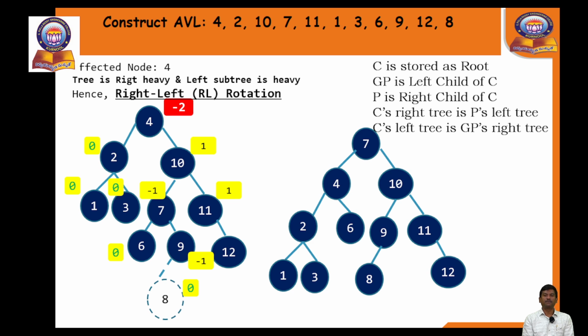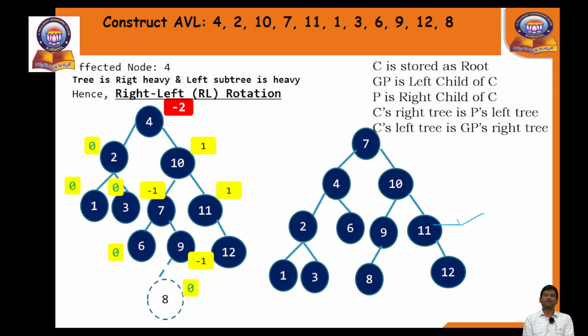And find the balance factor at every stage. This is your final tree, and find the balance factor, and it satisfies because it is within the range of the values of the balance factor. After calculating the balance factor, it will be either 0 or 1 or -1. So this is the AVL tree.